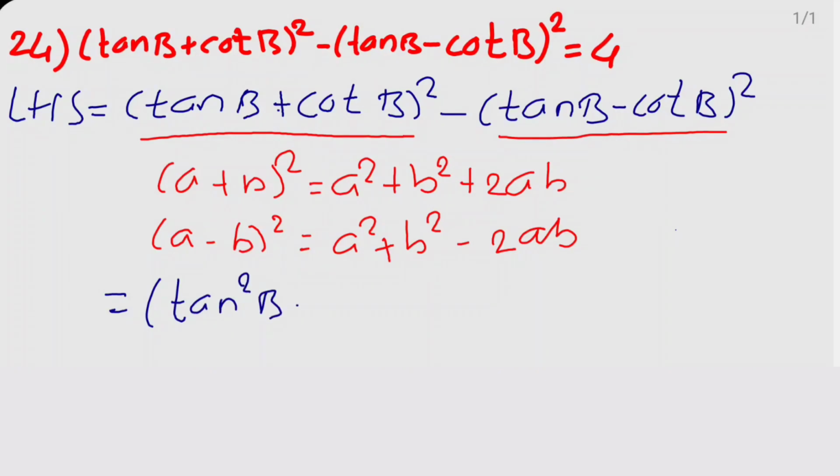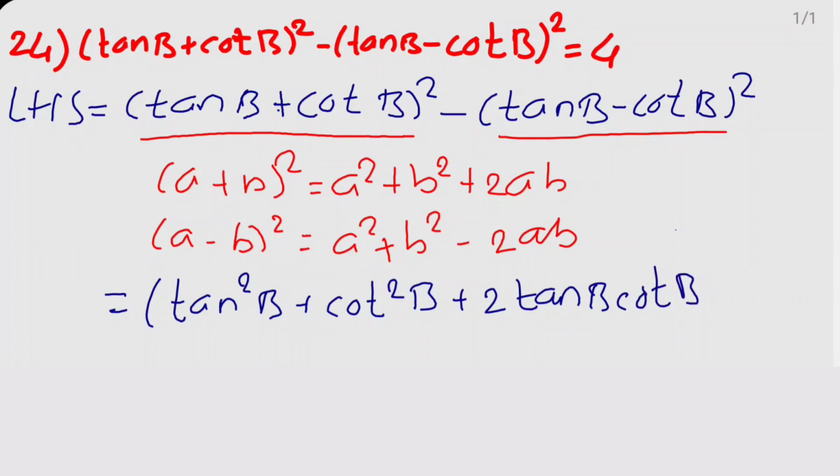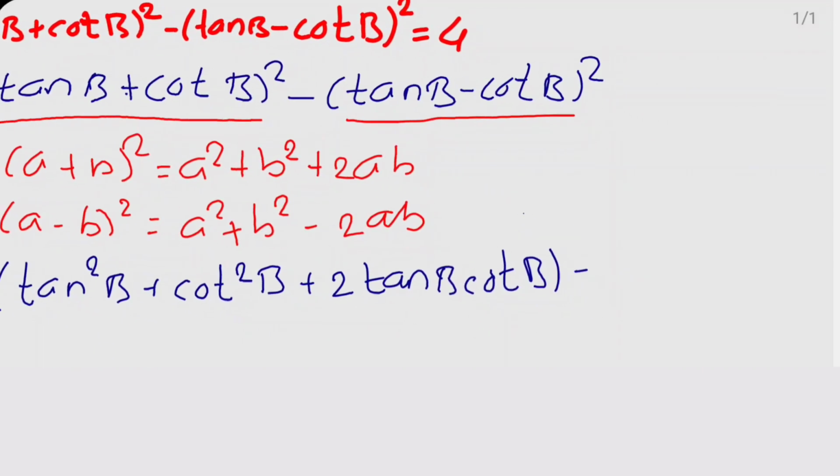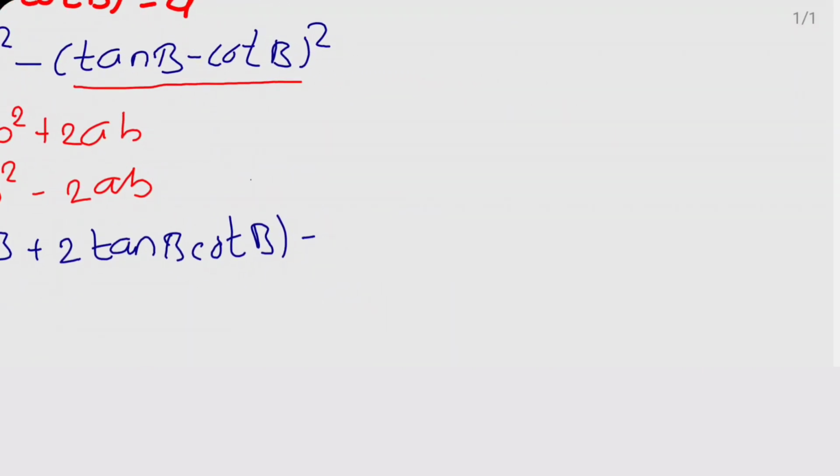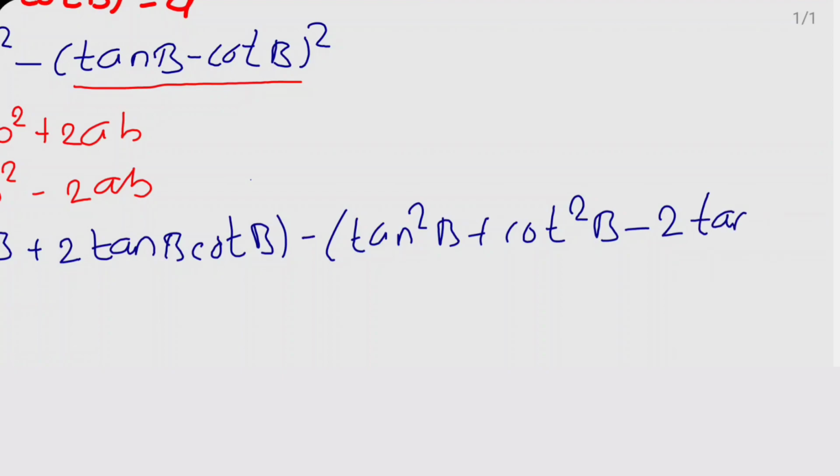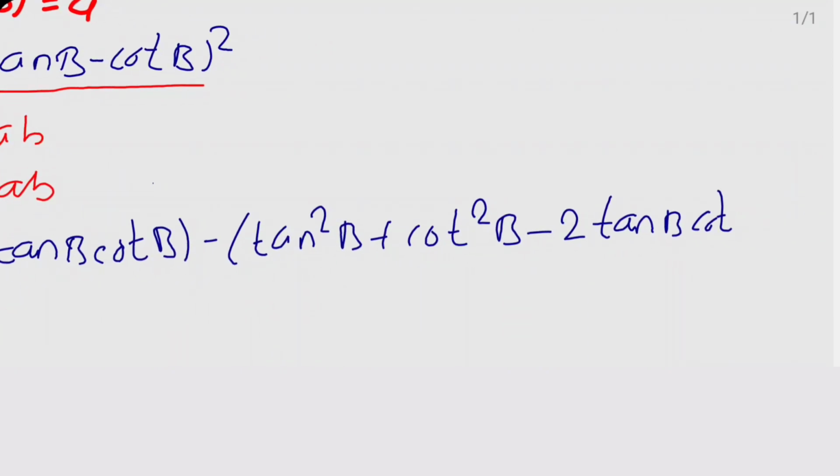tan square b plus cot square b plus 2 tan b cot b, and minus, tan square b plus cot square b minus 2 tan b cot b, right?